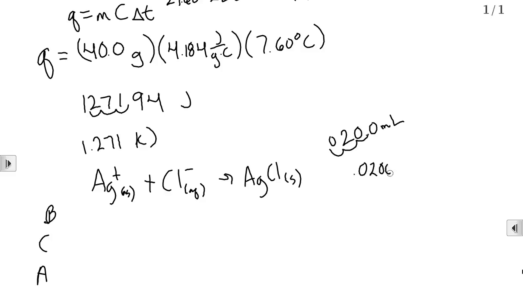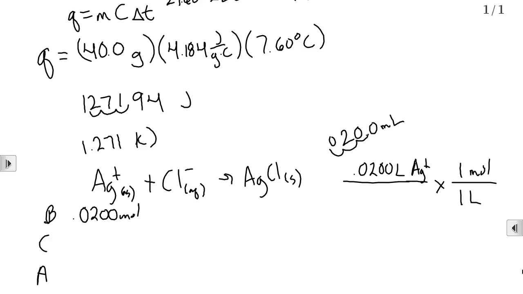0.0200 liters. And that's of silver, that was the silver nitrate, but I'm really only concerned with the silver ion, right? And then it was 1 molar, yeah? 1 mole, 1 liter. So I started out with 0.0200 moles.